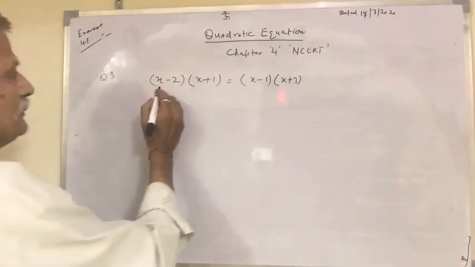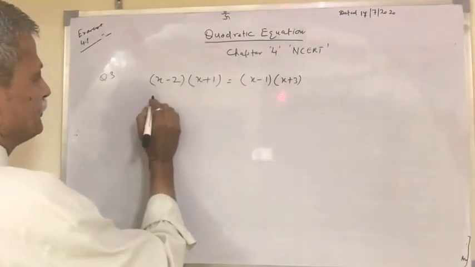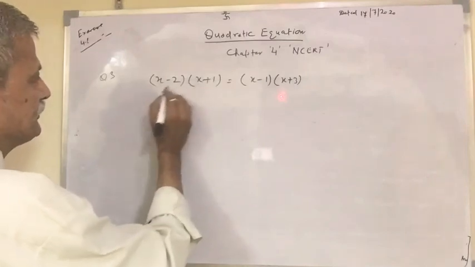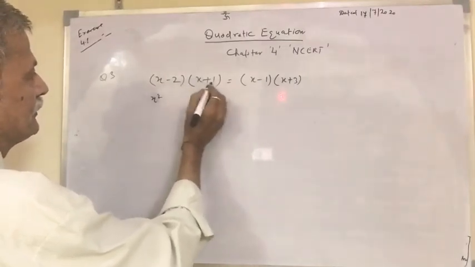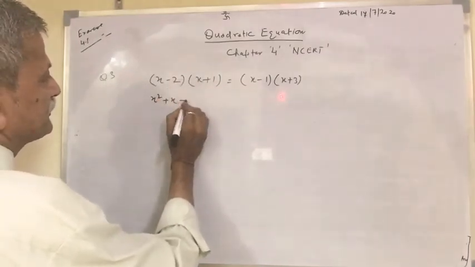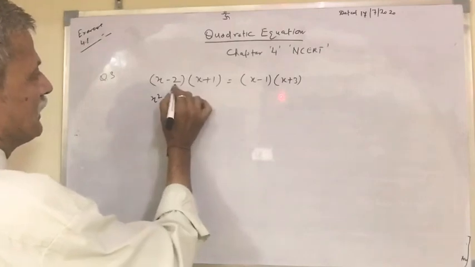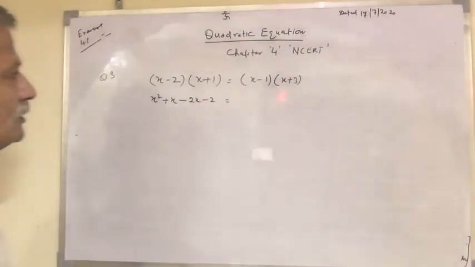So first of all we multiply both of them. So you are multiplying x into x, x square, then x into 1, plus x, minus 2x, then minus 2 into 1, it is minus 2.